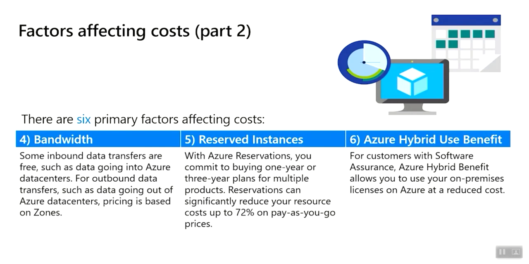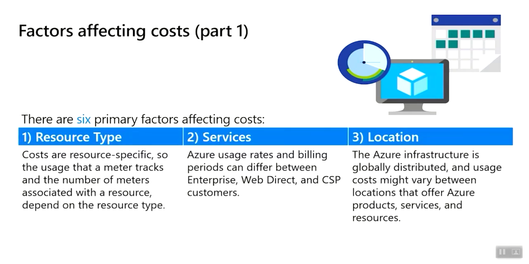So let's very quickly review the 6 factors that impact cost. The resource type. Remember, whatever resource you select, whether it's a virtual machine or a SQL database or a storage account, they cost differently. Services impact not only how you're billed, whether you're billed directly from Azure on an annual or monthly basis, or by a third party, but it also impacts your rates depending on your customer type. Your location impacts cost because, remember, not all regions cost the same to operate.